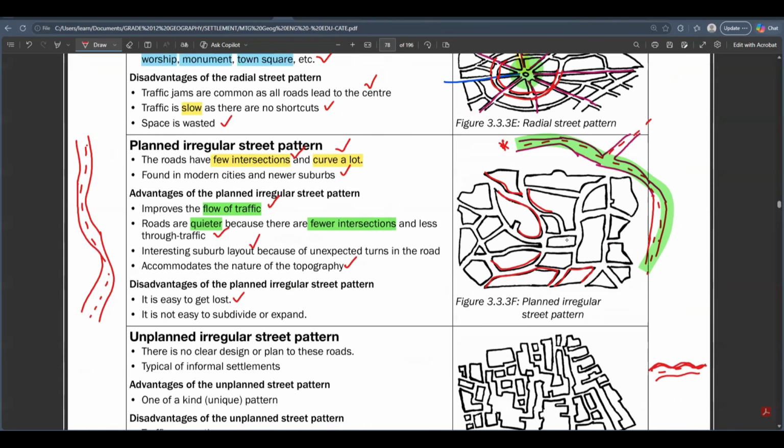So the planned irregular street pattern, it's easy to get lost. And it's also not easy to subdivide or expand. You cannot really expand on this street pattern easily. So these are some of the advantages and disadvantages of the planned irregular street pattern.